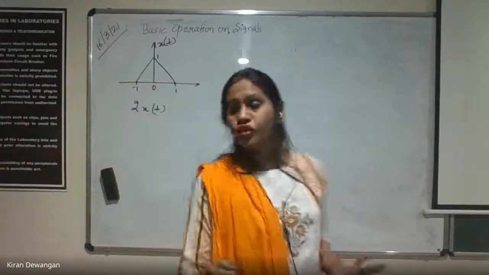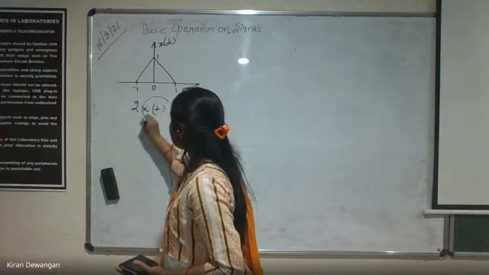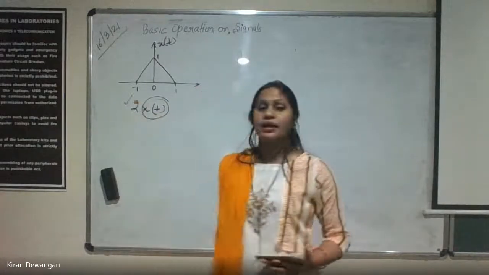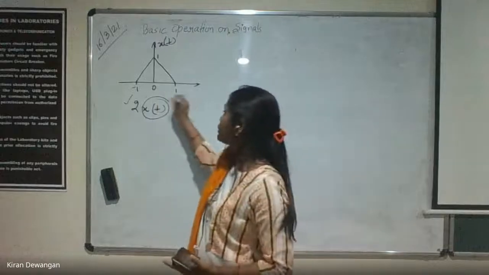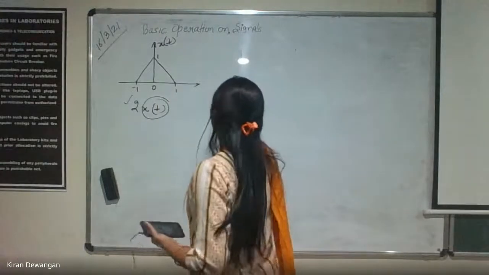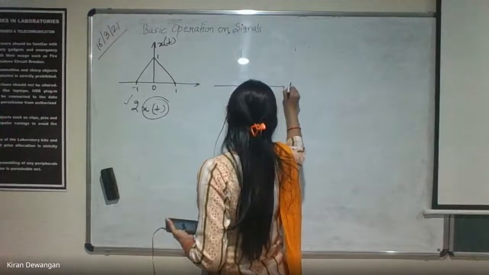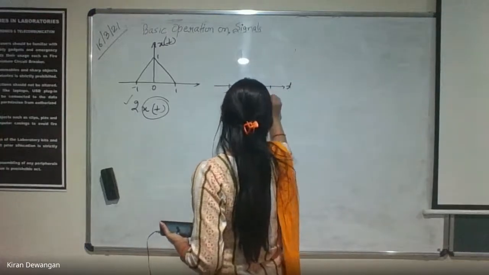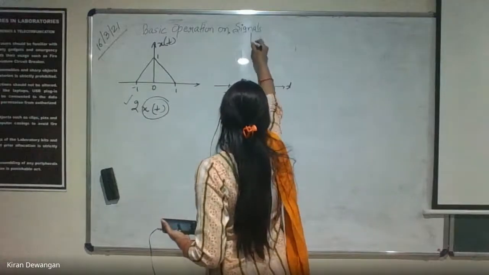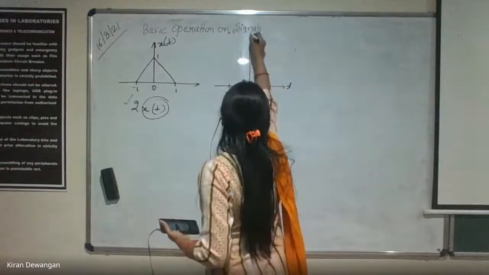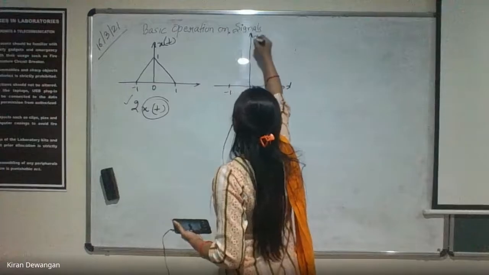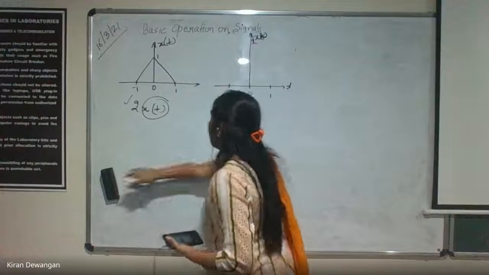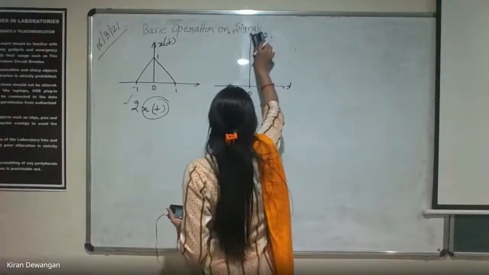How the plot would be? ये xt as it is रहेगा. इसमें सिर्फ हम 2 मल्टीप्लाई कर रहे हैं. There is no shifting in time. The time will remain as it is. 0, -1 to 1. We just need to multiply the 2 times xt. ठीक है. ये आपका सिर्फ 2 times xt हो जाएगा.